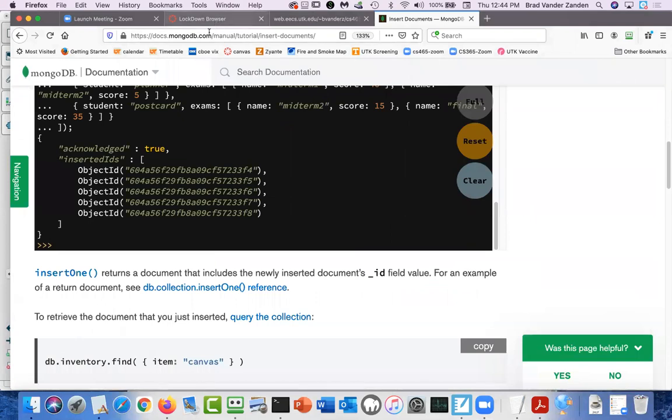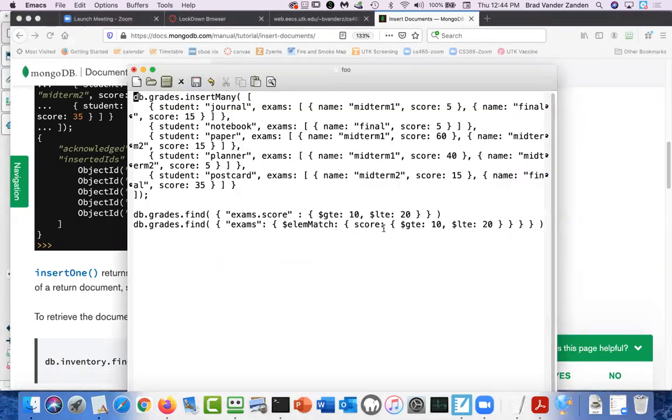And now I'm going to do that find. So if we go back here and just have a quick look, we can see that student journal has a final between 10 and 20. Student notebook does not. Student paper has one that's between 15 and 20. Student planner does not have one between 15 and 20, and student postcard has one between 15 and 20. So we're going to do this.